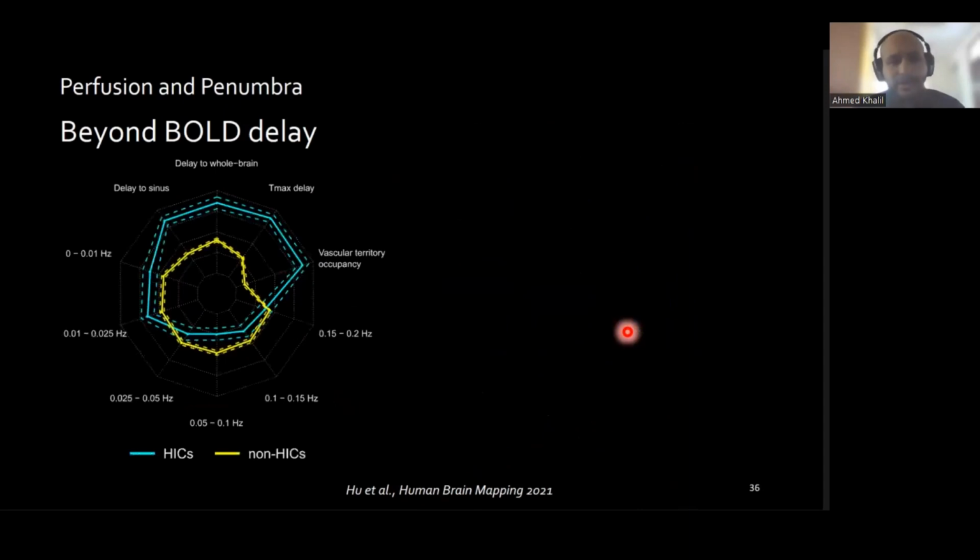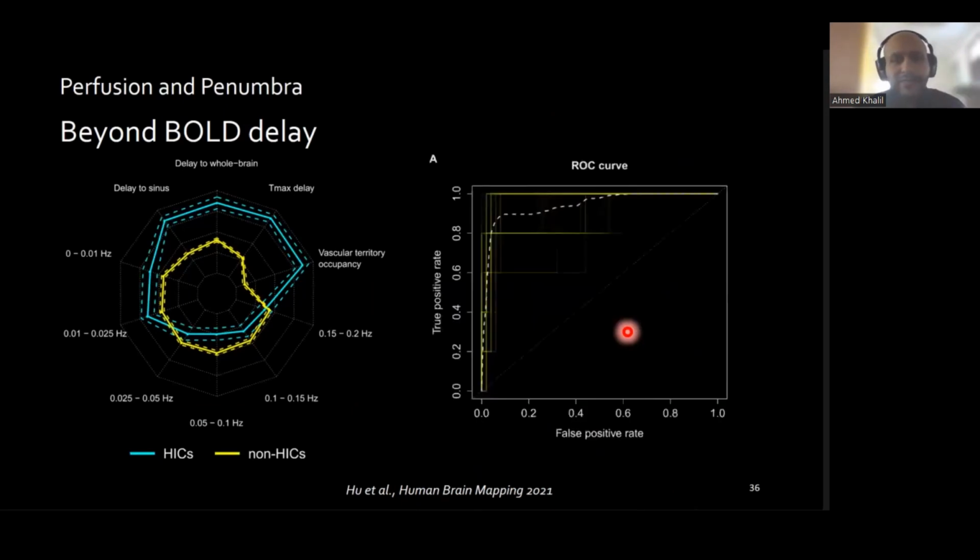And we then went on to show that using just a small set of characteristics, you're able to automatically differentiate between this hyperperfusion related component and all the other components in the resting state fMRI data.